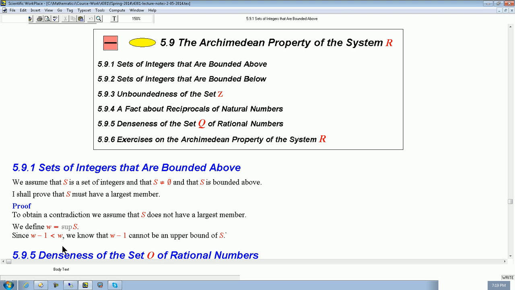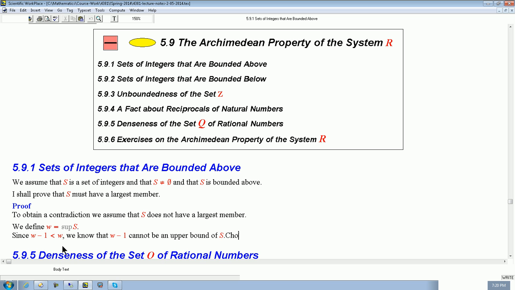Now I'm going to ask you for about the 5th time today, what can you do with information that a number fails to be an upper bound of a set? This has happened 20 times for us and a few times today. When a number is not an upper bound of a set, that means there must exist members of the set that are bigger. So when something exists, what's the next word?